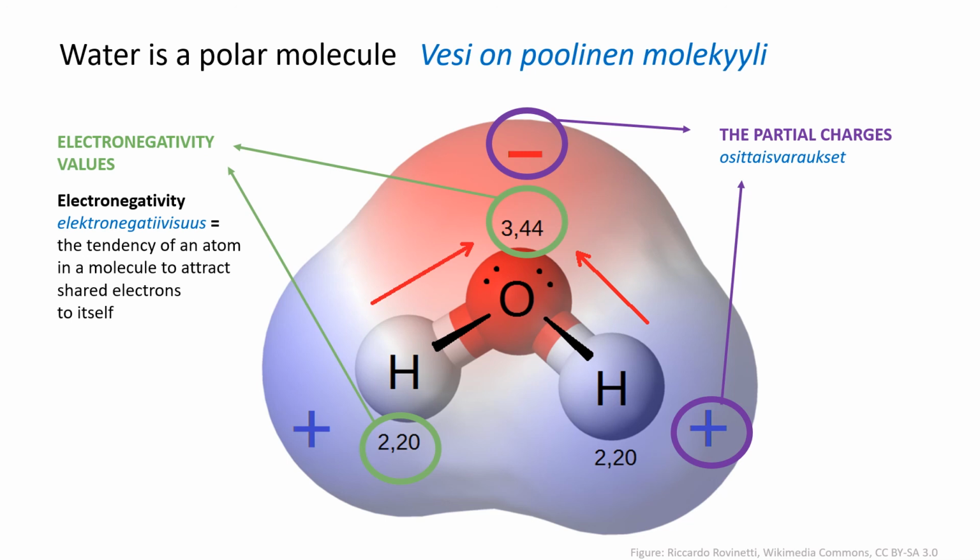The oxygen side of the molecule is always somewhat negative, and the hydrogen side somewhat positive. The charges of a molecule like water are partial charges, meaning they are smaller than the charge of an electron.